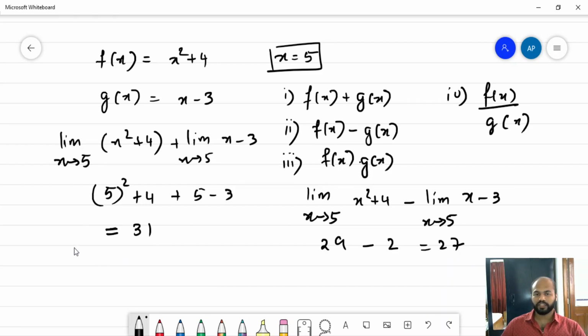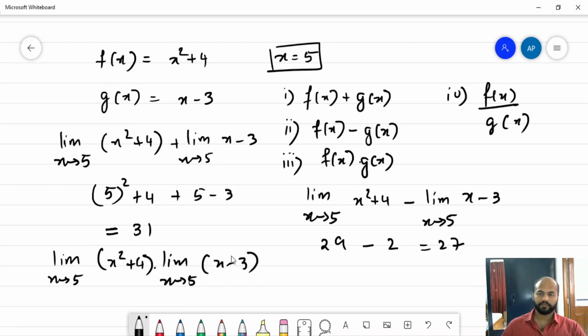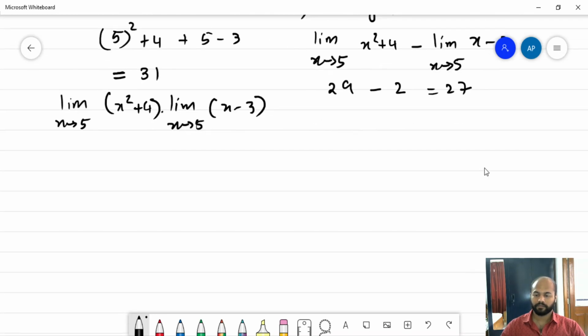If it's the multiplication part, then it's going to be really simple. It's going to be limit x tending to 5 x square plus 4 and limit x tending to 5 x minus 3. So this is going to be 29 into 2, which comes to 58.